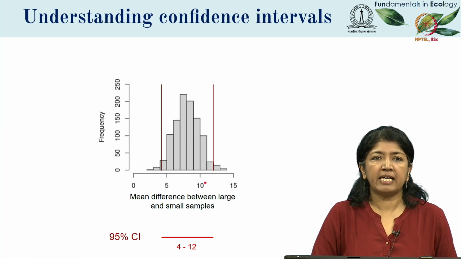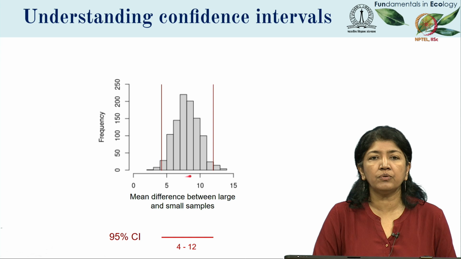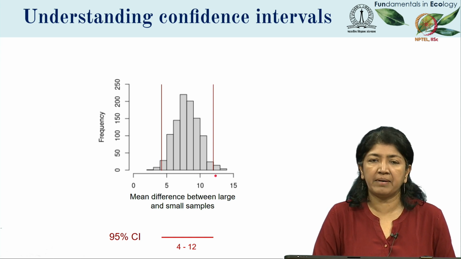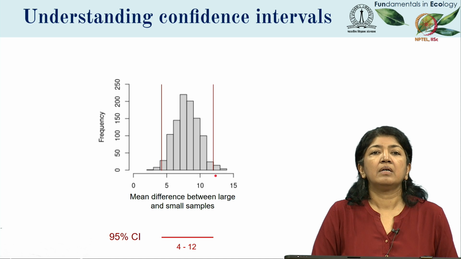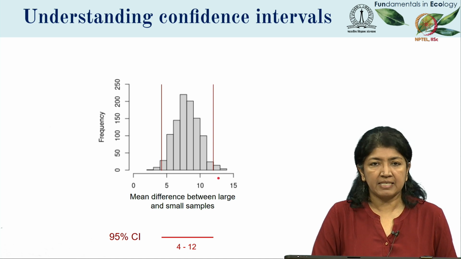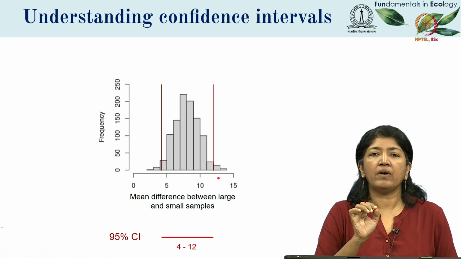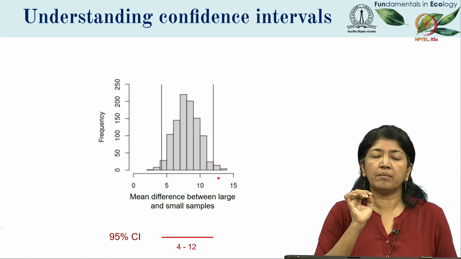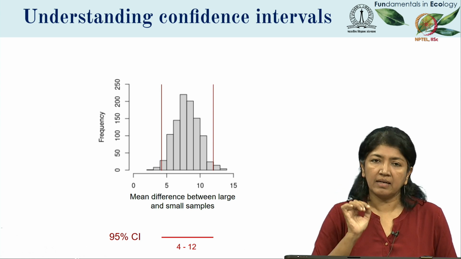So, in this case, the range is a difference of 4 species to a difference of 12 species between large and small habitat patches. 4 to 12 is the 95% confidence interval of your estimate, which was the mean estimate was 10.